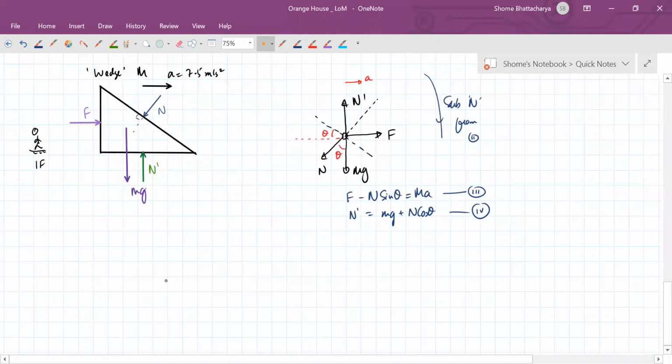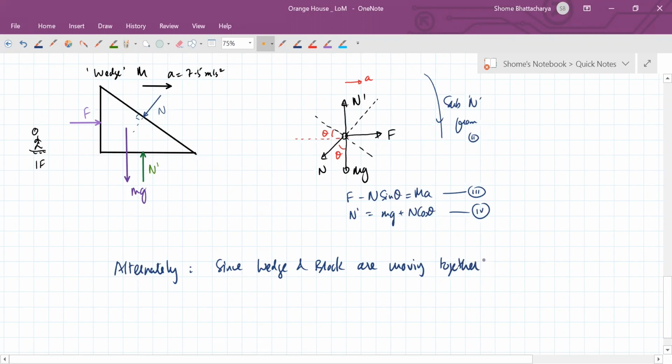Now we have a much simpler option. Alternately, what we can do is, since the wedge and the block are moving together, we can make a combined free body diagram.